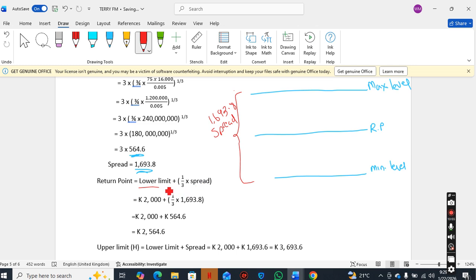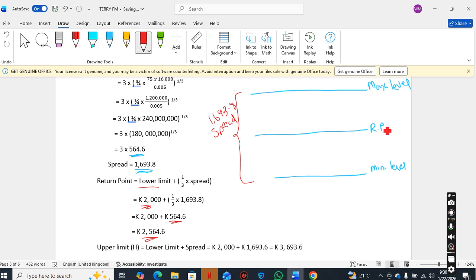Lower limit 2000 given in the question. 1/3 times 1693.8, you get 564.6. 2000 plus 564.6, you get 2564.6.